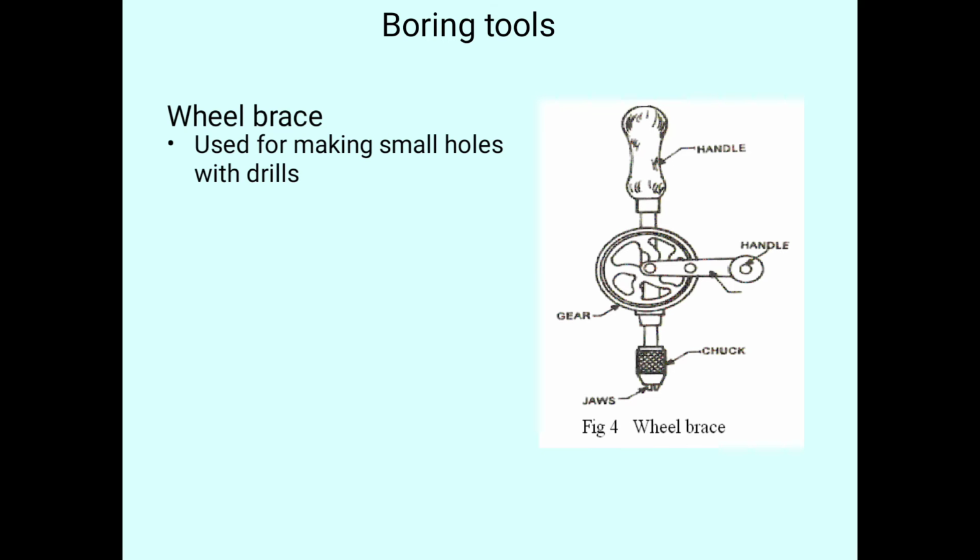This wheel brace is used for making small holes with drills. In the previous case we used bits, here we are using drills. If you want to make small holes, we can use this wheel brace.